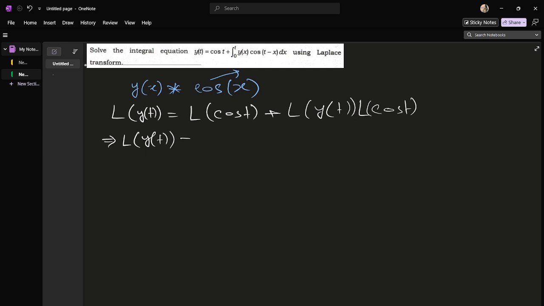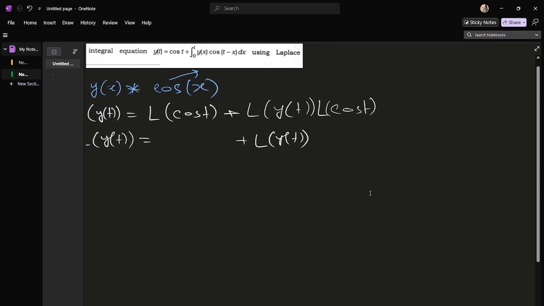Then these terms can be noted further. So what is the value of L of cos t?